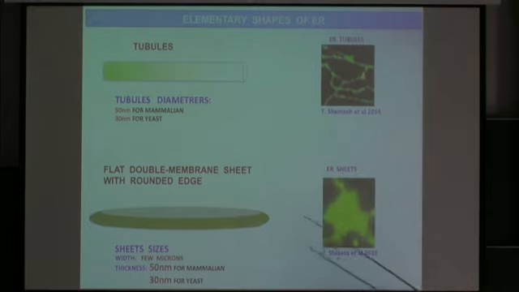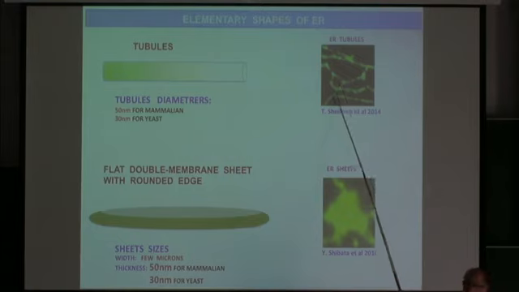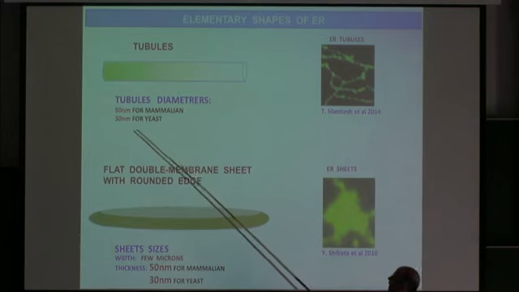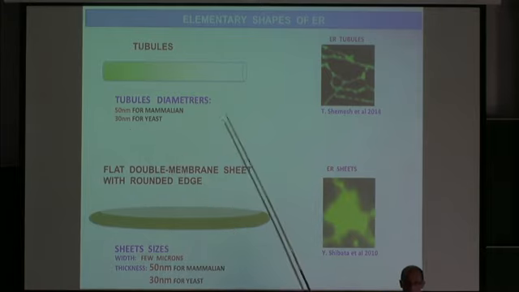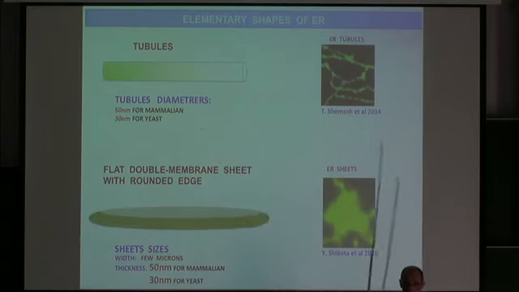First of all, there are tubes and sheets. There are two elementary structures of the endoplasmic reticulum, tubes and sheets. Tubes are tubes. This is the fluorescent image. The tubes are characterized by their diameters. This is the most important characteristic. In yeast cells, the characteristic diameter of ER tubes is 30 nanometers. In mammals, it's 50 nanometers.